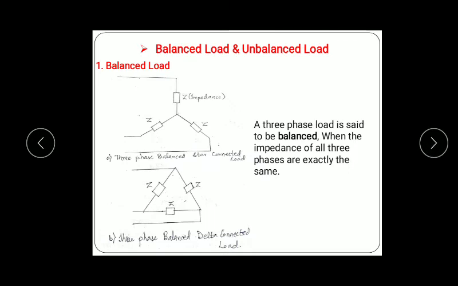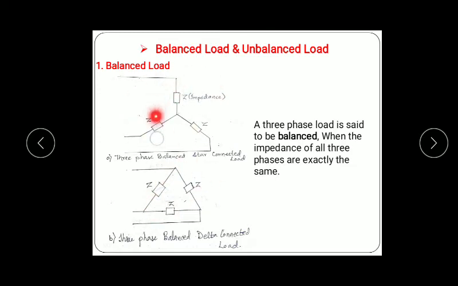Next, balanced load and unbalanced load. What we can see here is a three-phase balanced star connected load, and this is a three-phase balanced delta connected load. This is a star connection, this is a delta connection.